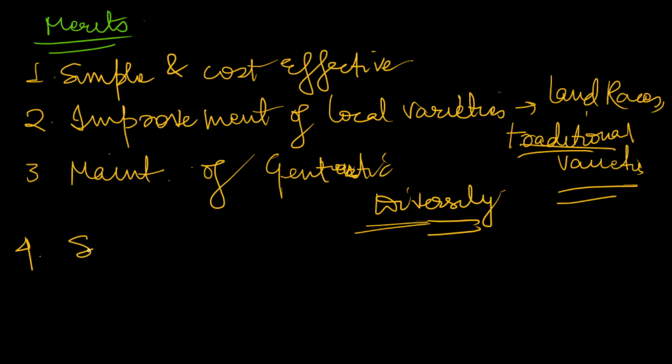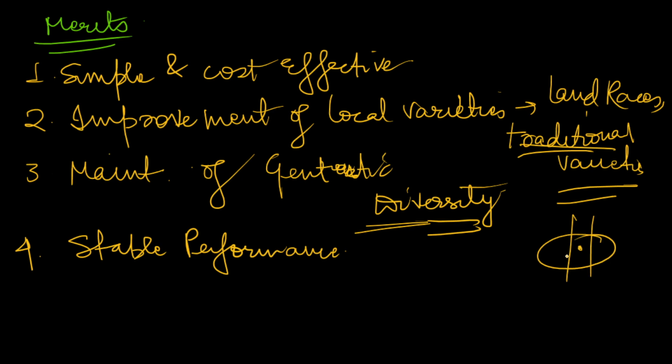Next, stable performance. Why stable performance? Because of genetic heterogeneity. Because there is genetic diversity, there is genetic heterogeneity, so the plant will perform well under a variable environment. Suppose there is only one gene in a plant, it will only support a single type of environment.